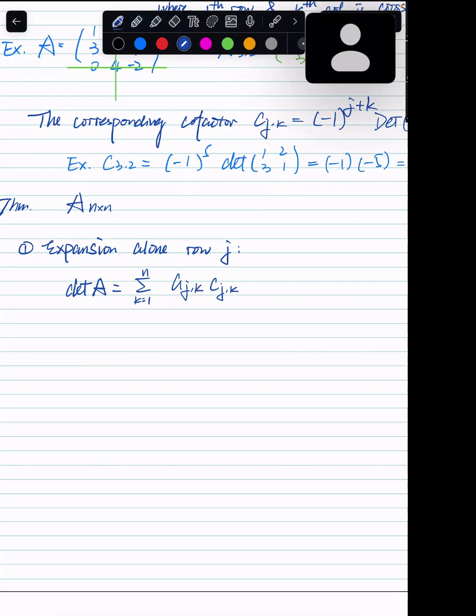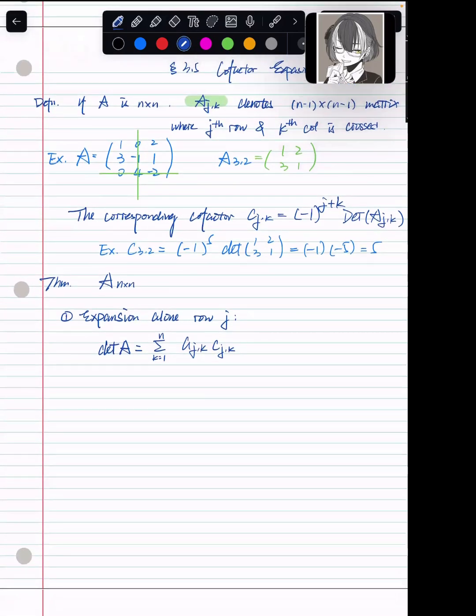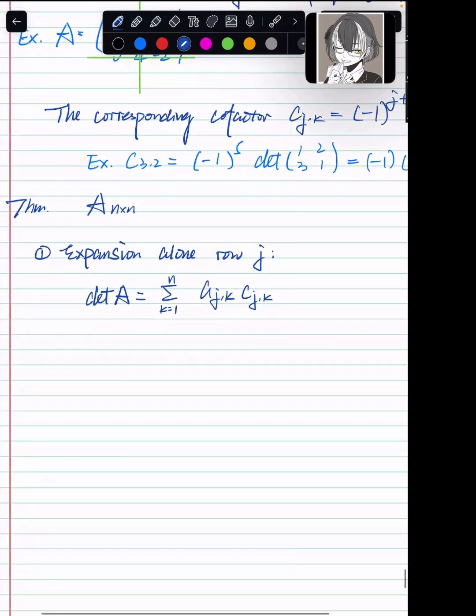So the determinant of A, if we expand through the row j, then we consider the cofactor in each column. Through the jth row, we cross each column and sum this up to find the determinant of A. We can pick any row j, and we can also do an expansion along the columns.